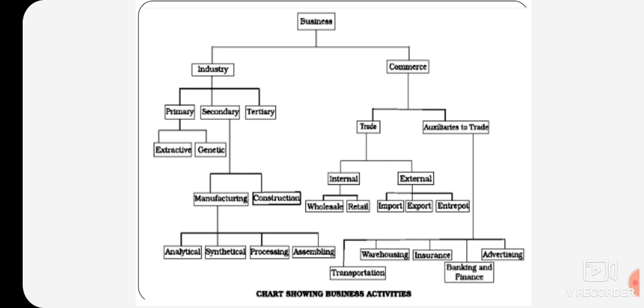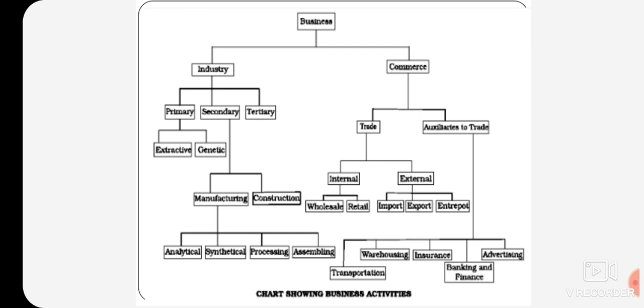Again, in case of primary industries, we are going to study two types of industries, namely extractive industry and genetic industry. Next, in case of secondary industry, again it has been studied under the following two heads. First one, manufacturing industry and construction industry.